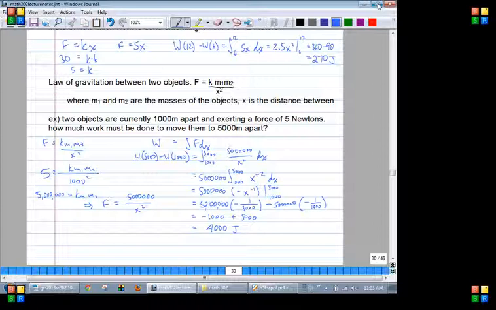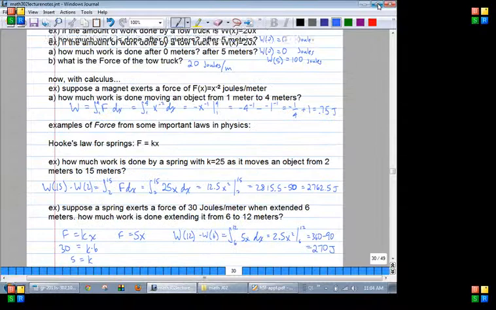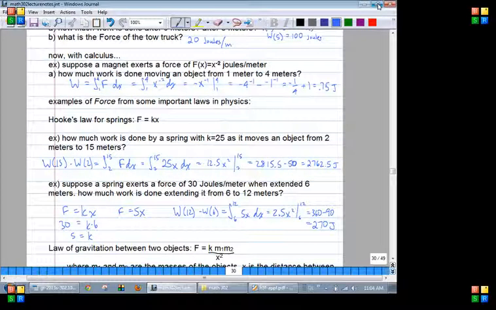So let me make a comment about something that may or may not confuse people, especially who don't have a lot of experience with physics. In physics, there are lots of general rules that says if you're in this kind of situation, here's the rule for all those situations. So I just showed you two. Law of gravitation, anytime you have two objects with mass, they exert an acceleration on each other. Hooke's law for springs. There's a rule about how the spring is going to move and the force it's going to exert. Okay.